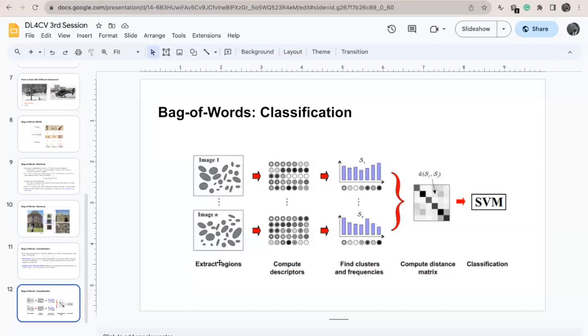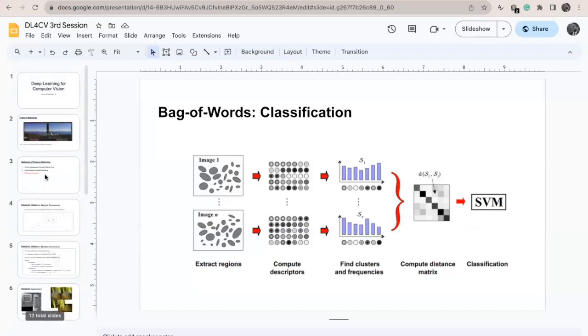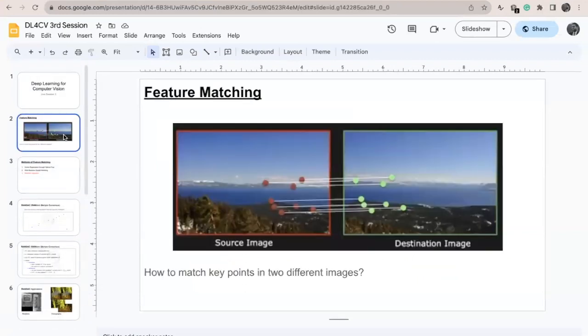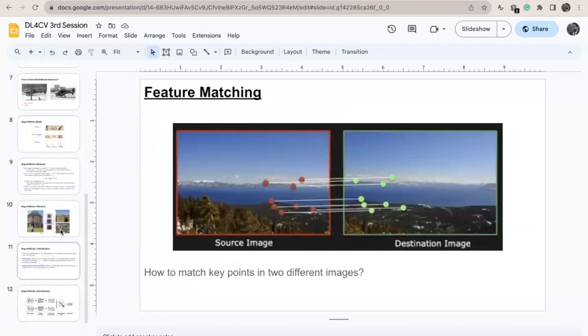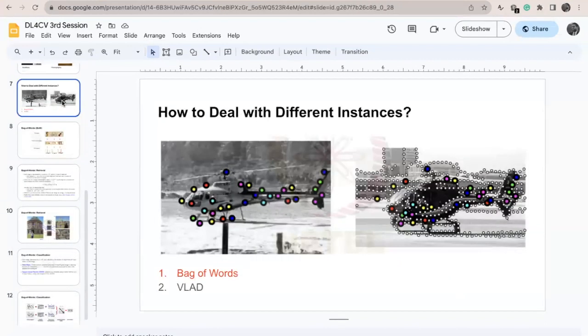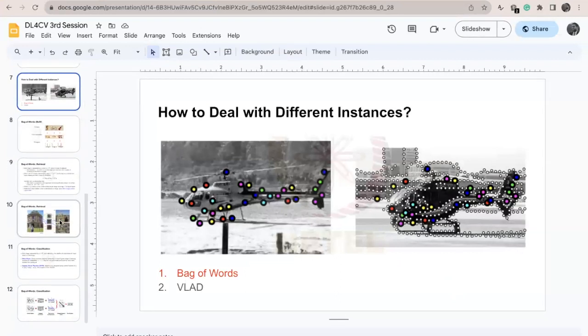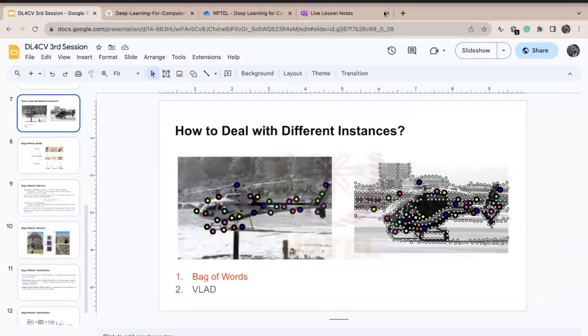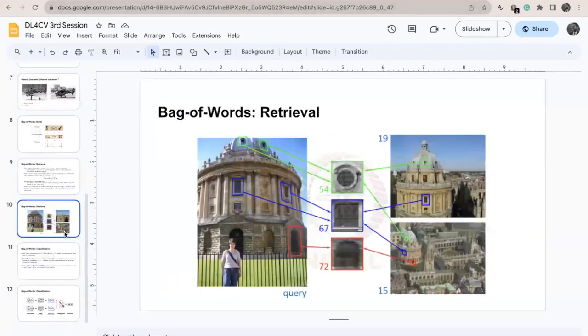Okay, so this is all we need to know about feature matching, and using different techniques such as bag of words and VLAD to use this feature matching for different instances, and how we can evolve from feature matching to classifying images using our classical machine learning algorithms.